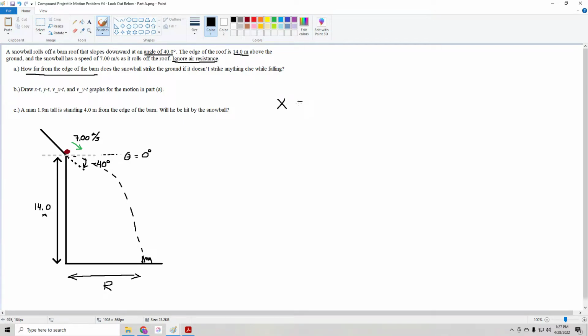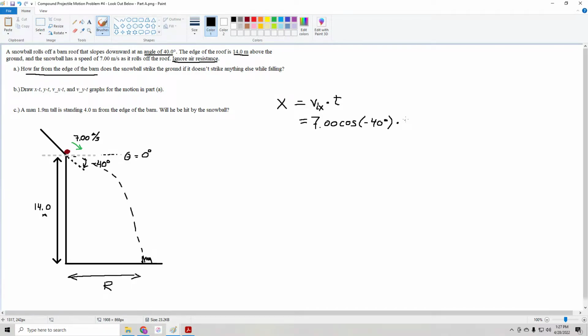We know that x is equal to the initial velocity, the x component, times time. And we've actually been given a part of this expression, right? We know that the initial velocity of the snowball is 7.00 meters per second, and the x component of that is going to be cosine of negative 40 degrees.